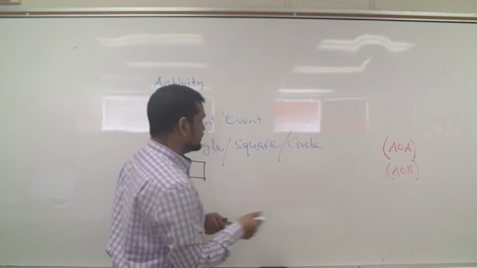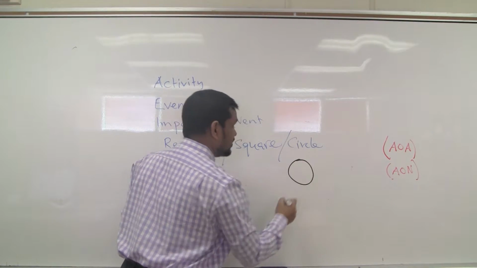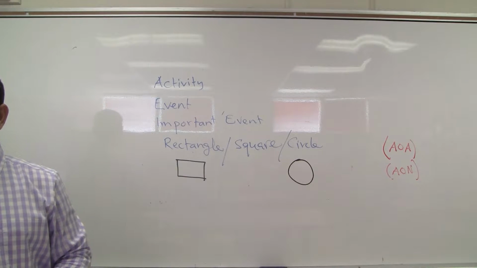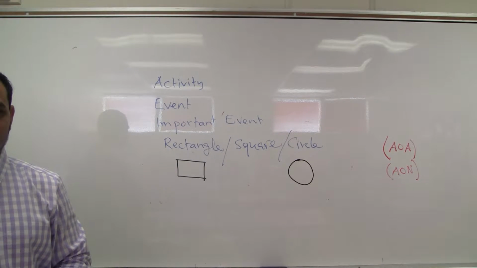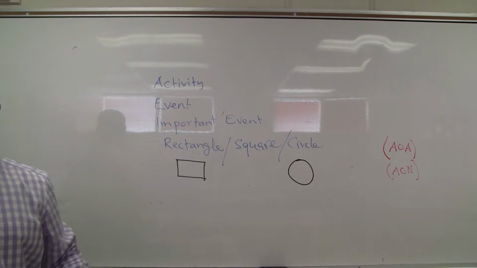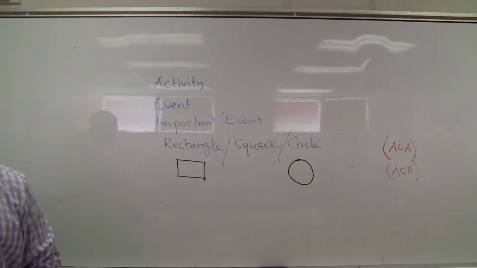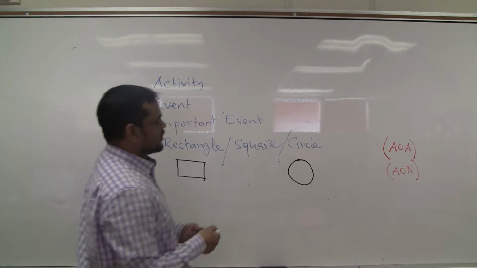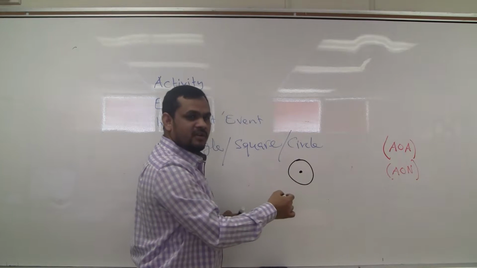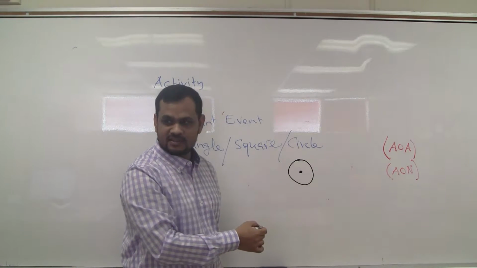Circle? Yeah, we know circle, but maybe you do not know the definition of circle. Can you define circle? Very difficult, right? Now the definition is from a fixed point, the path is always at equal distance.